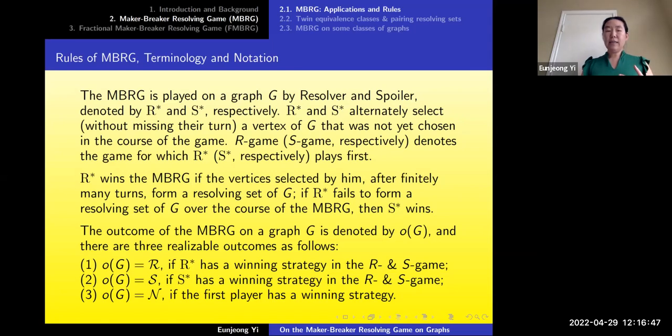Whereas N stands for neutral, where the first player wins. The question is whether the second player would have an advantage and win. That doesn't happen. There was a mention of this in the earlier work on the Maker-Breaker game.